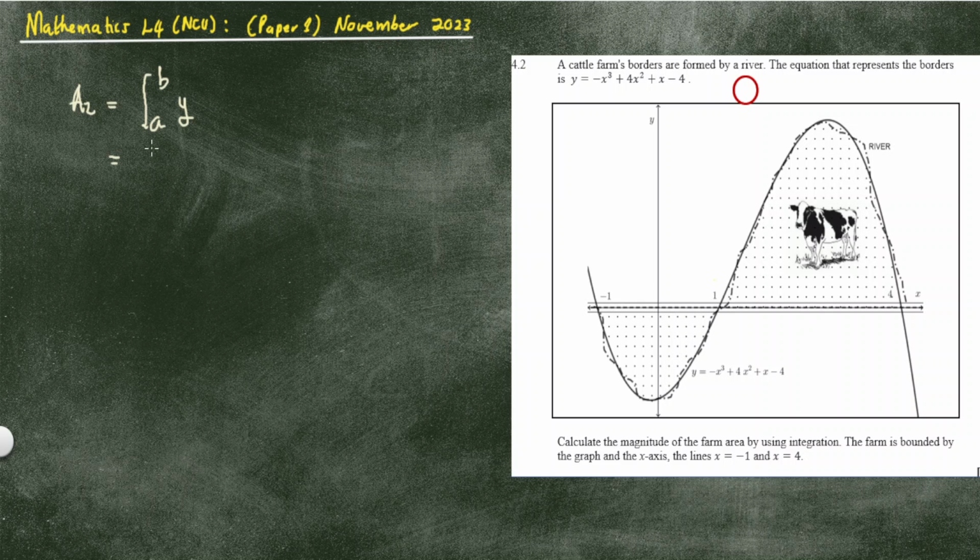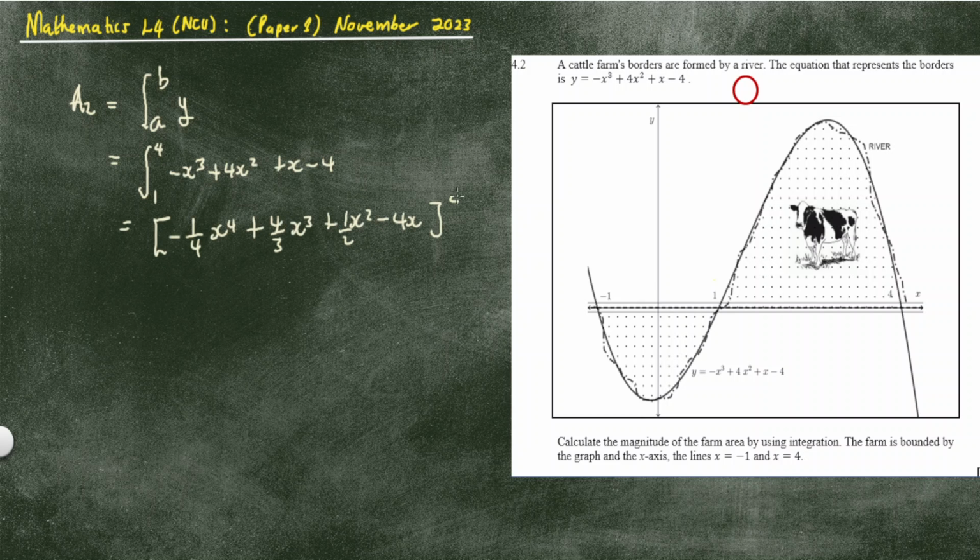I'm just going to write it like this: the integral of 1 minus x cubed plus 4x squared plus x minus 4, and then the integral was calculated. We got minus 1 over 4 x exponent 4 plus 4 over 3 x cubed plus 1 over 2 x squared minus 4x.